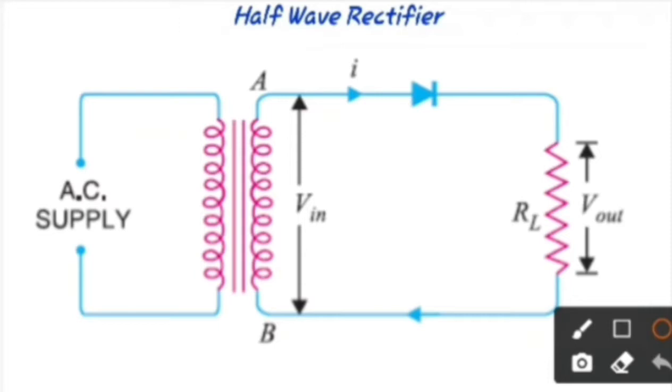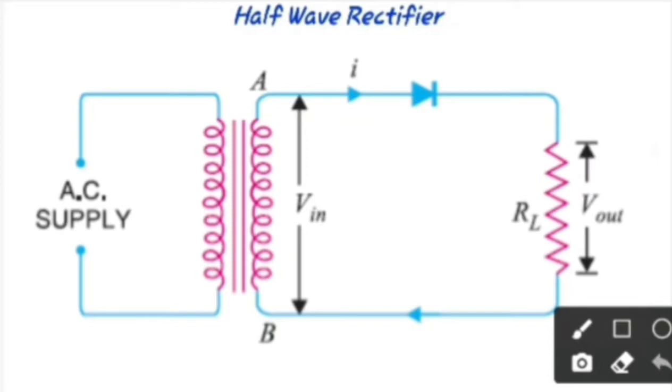One diode is also connected in this diagram. So this is your diode. We have already seen the symbol for diode in the last part. Also one load resistance is connected in this diagram. RL is the load resistance.